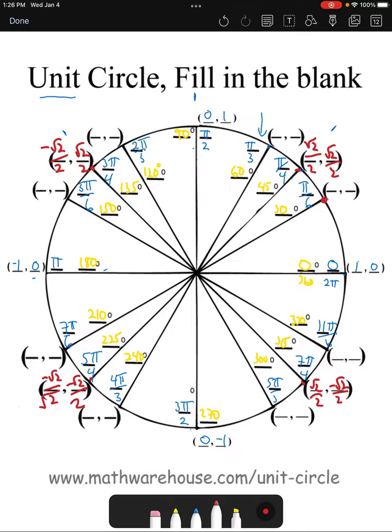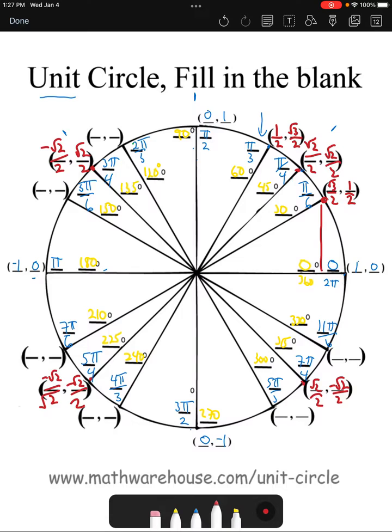So for our point right here, our x and our y would be found by going over radical 3 over 2 and up 1/2. Well, these switch on the pi over 3 or the 60 degrees, it's 1/2 and radical 3 over 2.